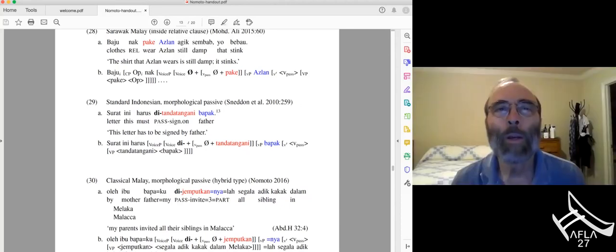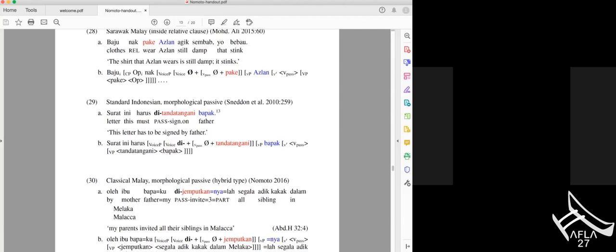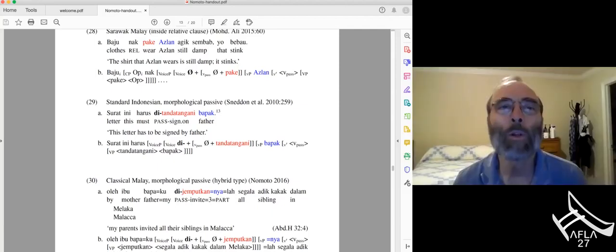I found a bunch of natural examples where a bare, not prepositional, agent of the D passive can bind something within its own clause, even the subject of its own clause, if there's no other syntactically prominent potential binder, potential antecedent.